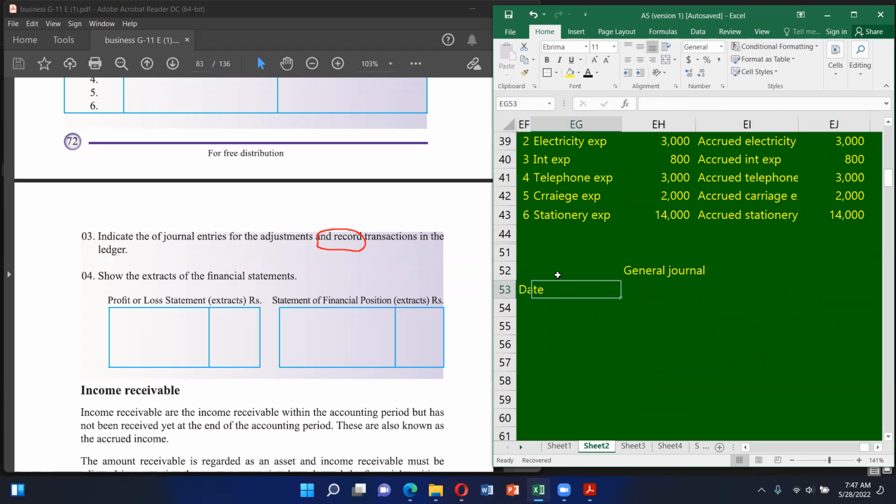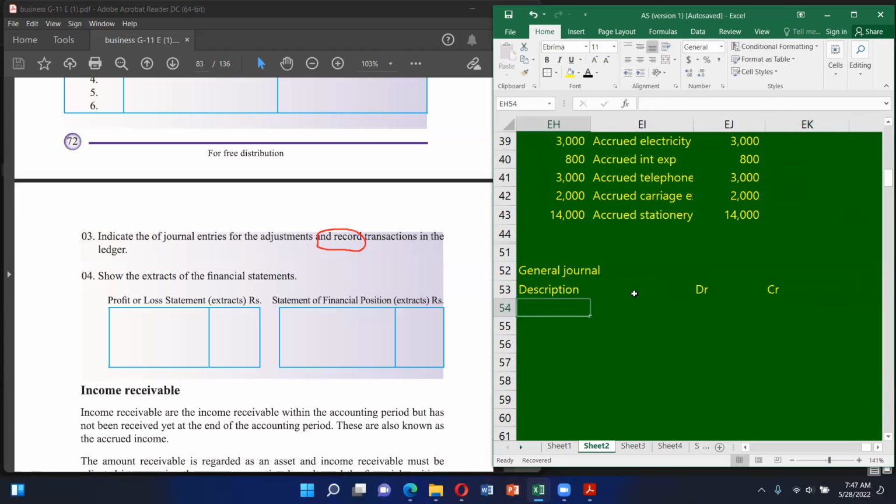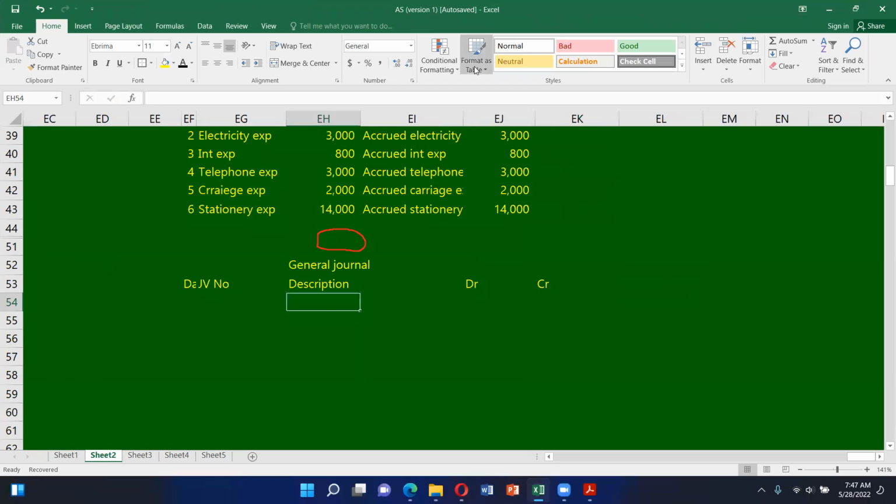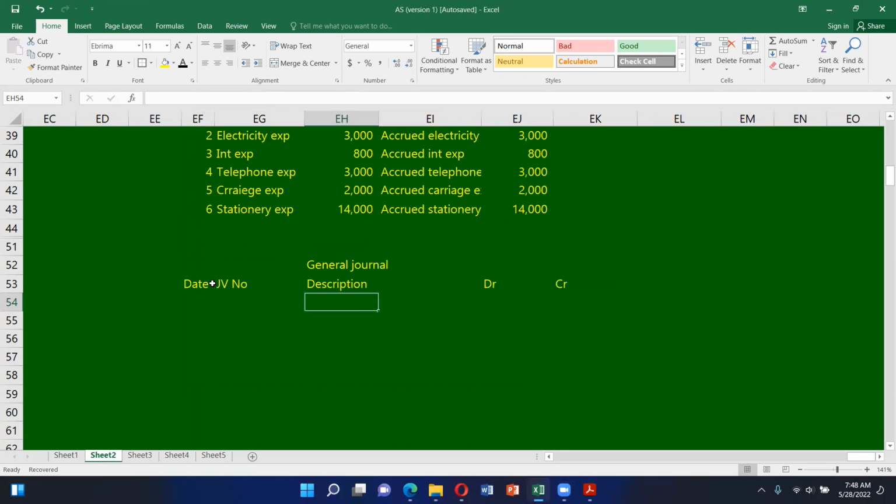Voucher number. Let's write 31st December 2021.